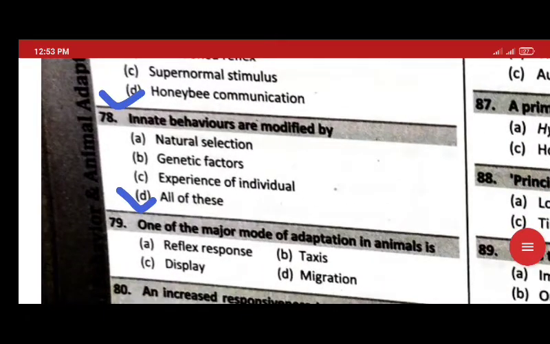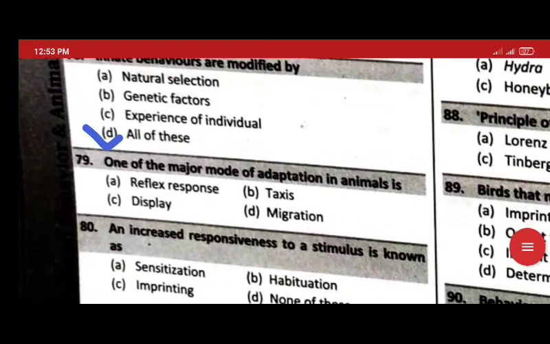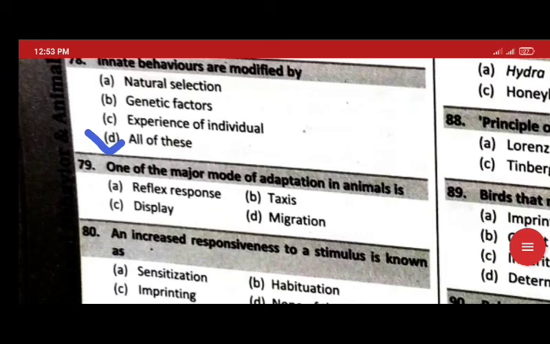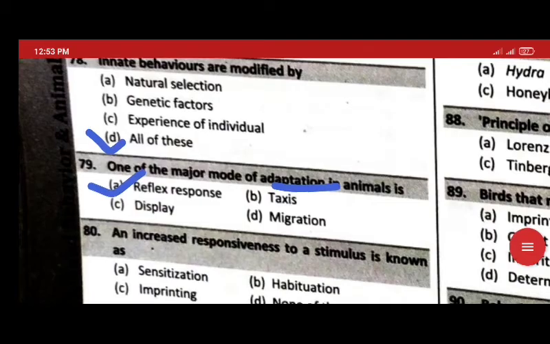Now 79. Sorry. One of the major modes of adaptation in animals is, so one of the adaptations. So for adaptation we have what? Response should be main, because in adaptation we should show response.